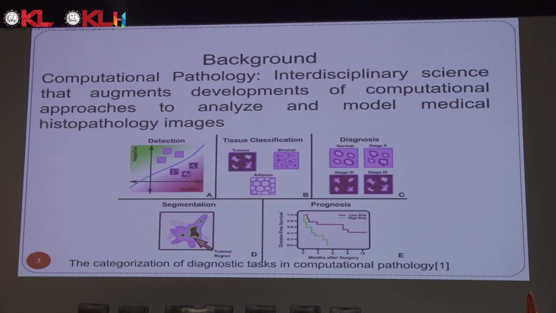If you see, all that we have seen now is a lot of radiomics work. Fundamentally, they are images and they augur well for processing by image processing and computational methods. Here we are talking about computational pathology. It is an interdisciplinary science that augments development of computational approaches to analyze and model medical histopathological images.